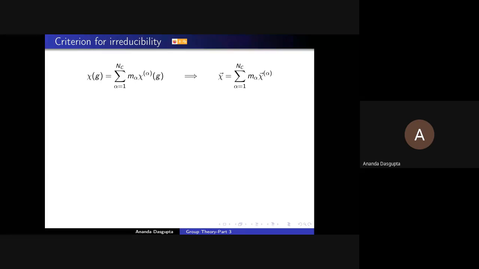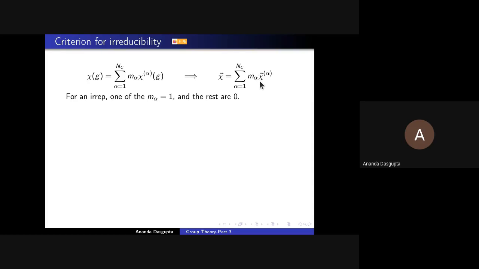What is the criterion for irreducibility now? That's the next point. Given a representation, you will look for reduction provided it is reducible, right? But how do you know that a given representation is irreducible or not? Even the answer to that is pretty easy. If it is reducible, chi will be of this form, and if it's an irrep, even then it's of this form, right?